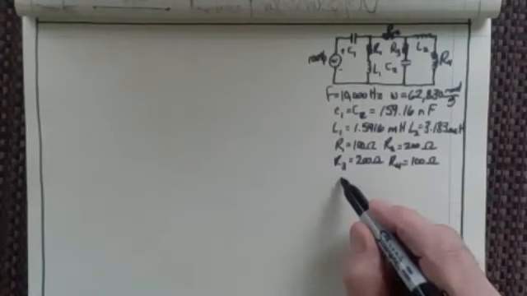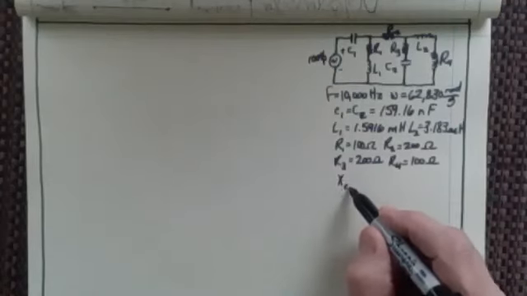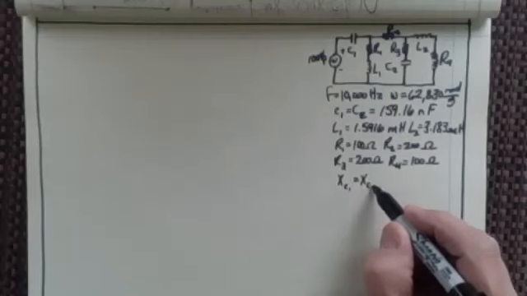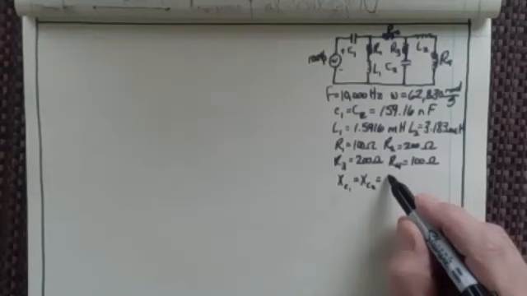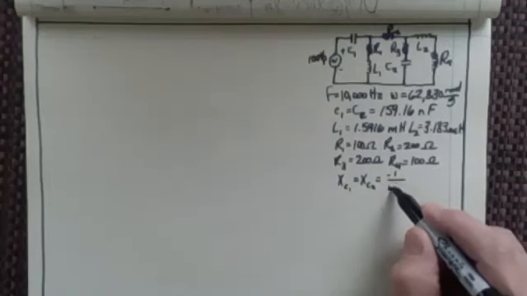Let's just finish the rest of this. If we wanted to see what the reactance of C1 and the reactance of C2 are going to be, that would just be -1 over omega C. So let's multiply that out. We've got 62,830, that's omega, times C, which is 159.16 times 10 to the -9 for nano.